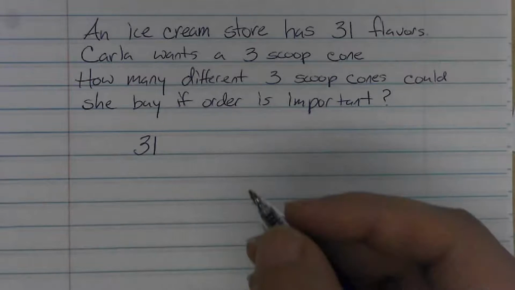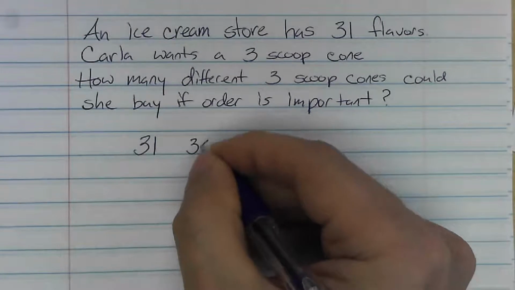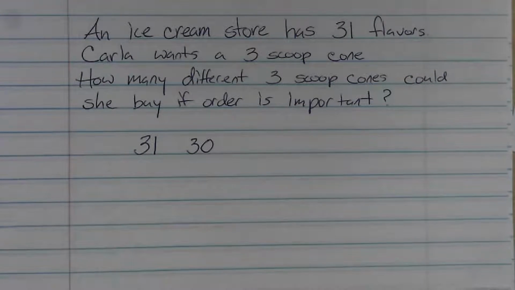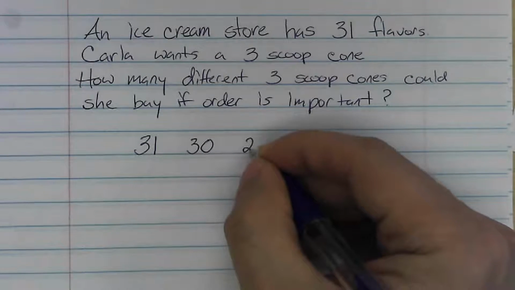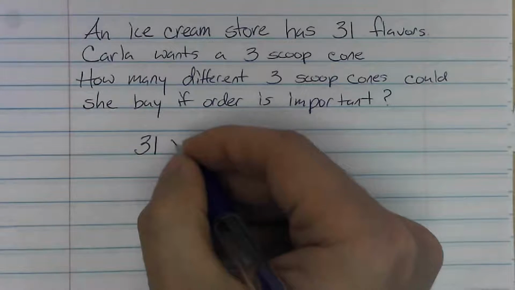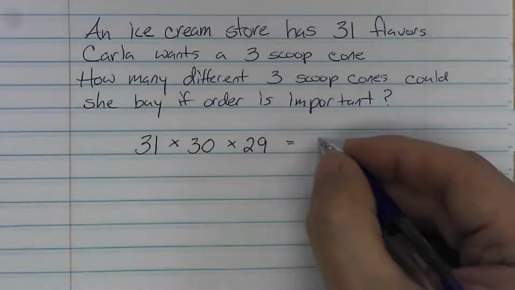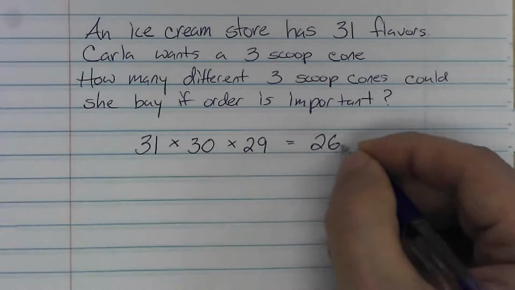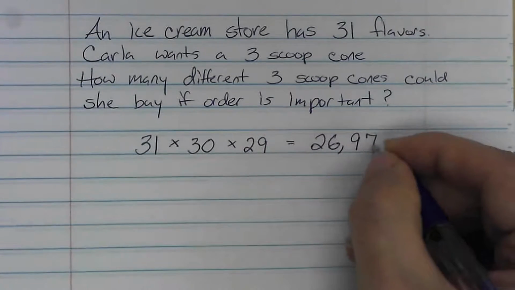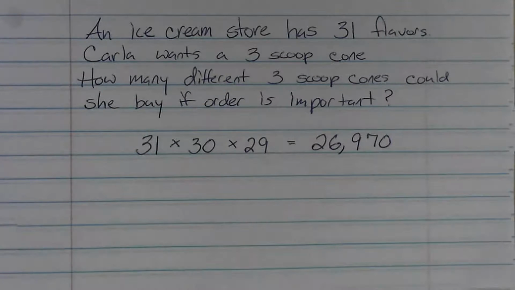Then, once she chooses one of those flavors, she has 30 flavors left to choose for her second scoop. Then, when she goes on to her third scoop, she only has 29 flavors left to choose from. All we do is multiply these 3 numbers together, and when we do this, we find out that she actually has 26,970 possible 3-scoop combinations if order is important. Pretty crazy, huh?